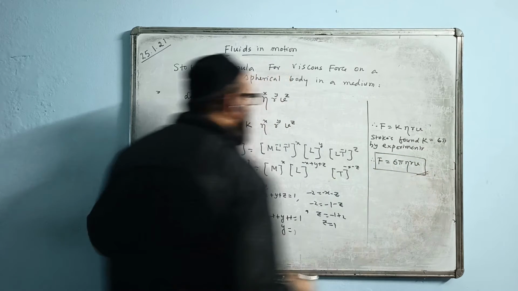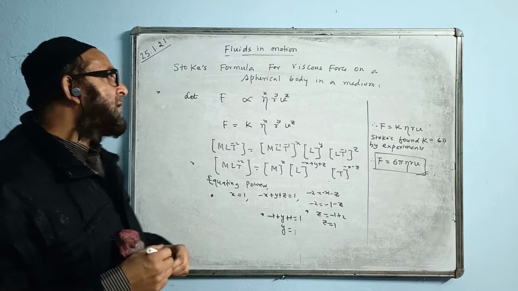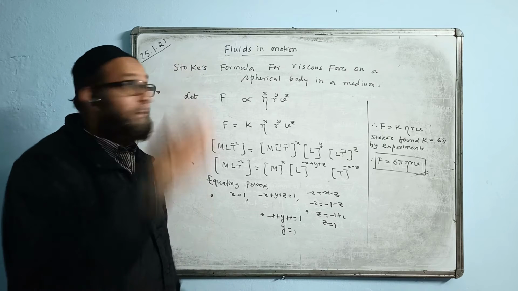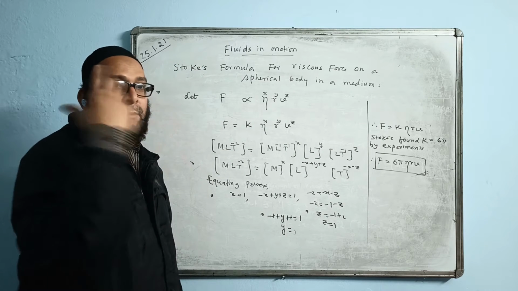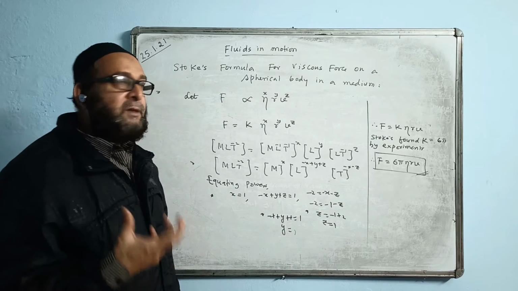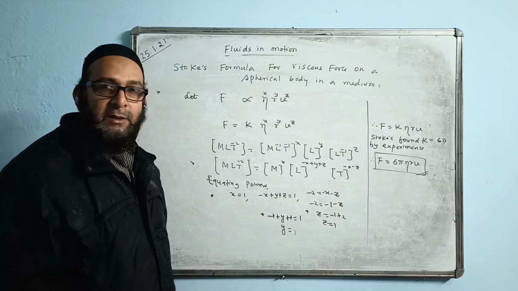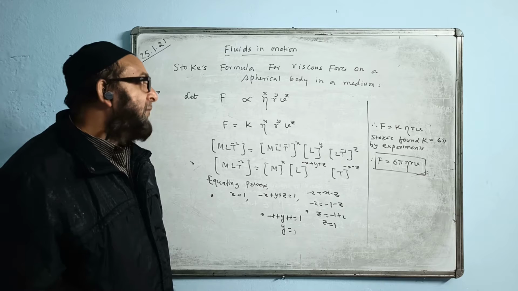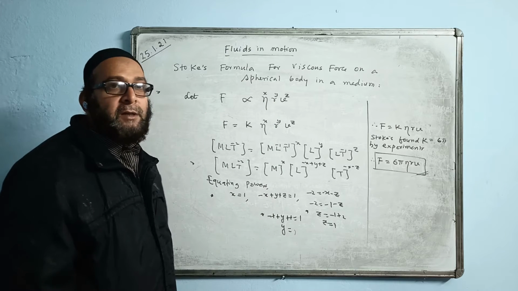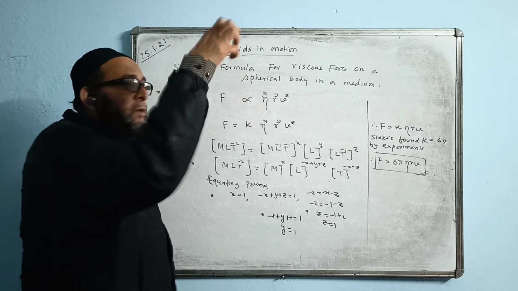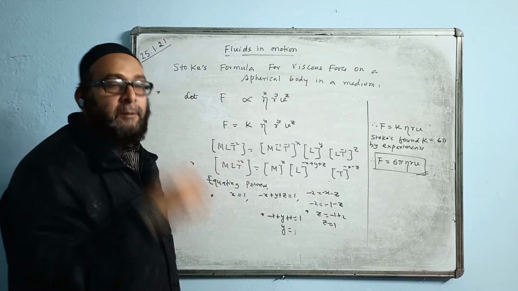This is the formula, and it is applicable for a spherical body moving in a viscous medium. The viscous medium can be air, a liquid, or any other gas. The viscous force acts in the direction opposite to the motion. Suppose a drop is falling down, then the viscous force will act up.